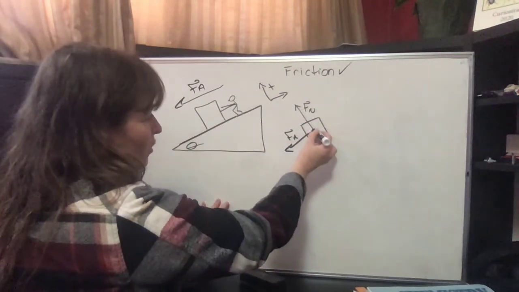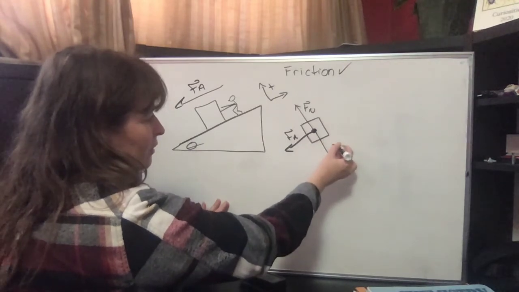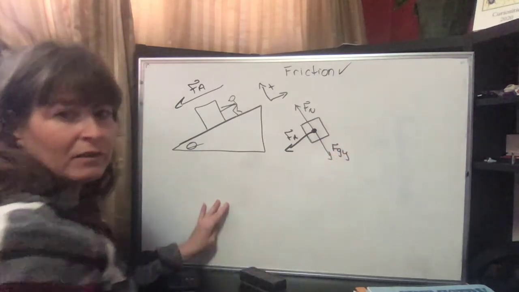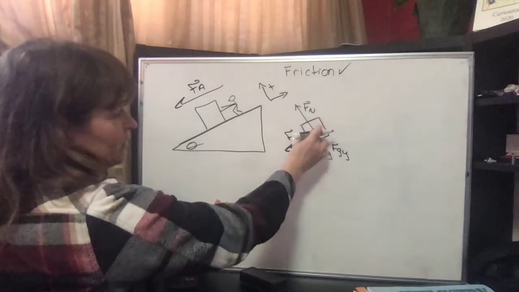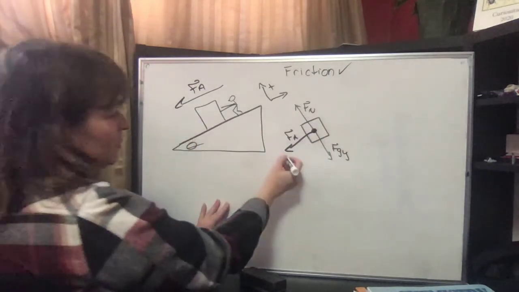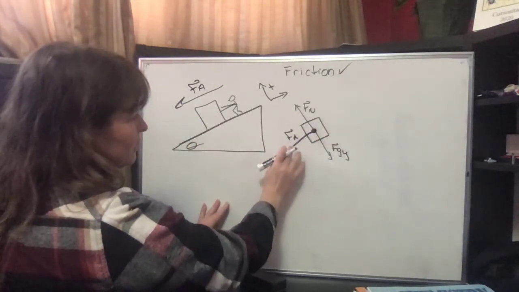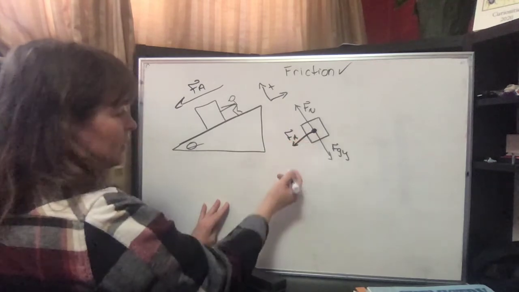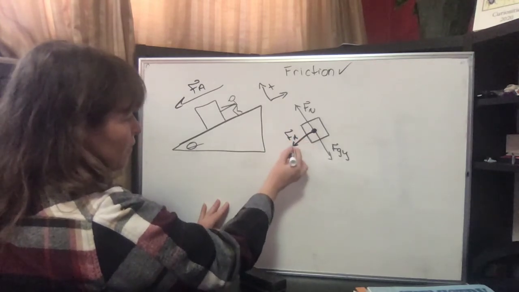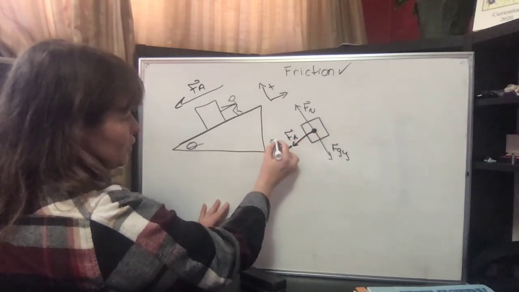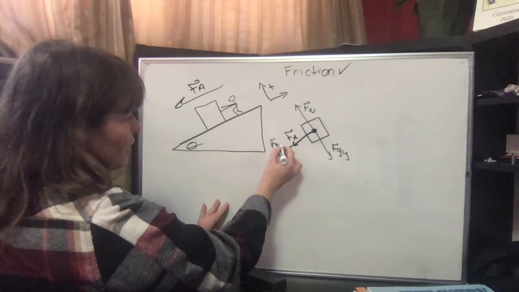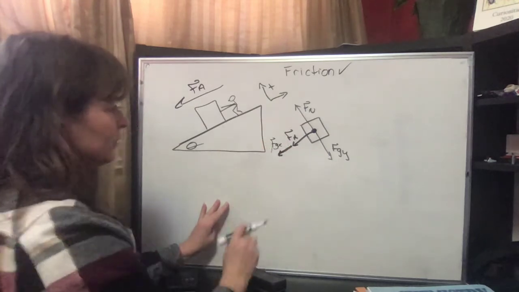We still have, opposite to that, the y component of gravity. We still have downslope as well. We also have Fg of x, force of gravity in the x, like that.